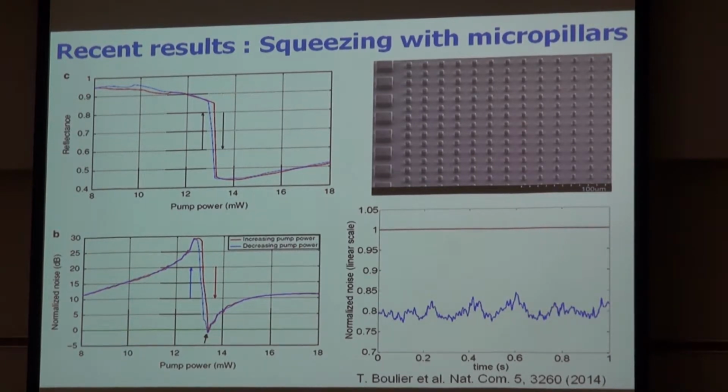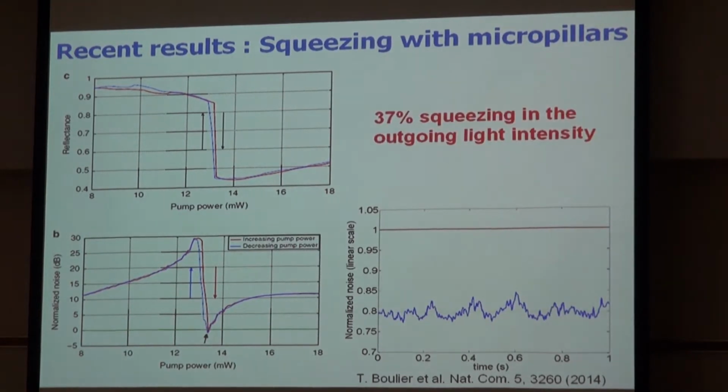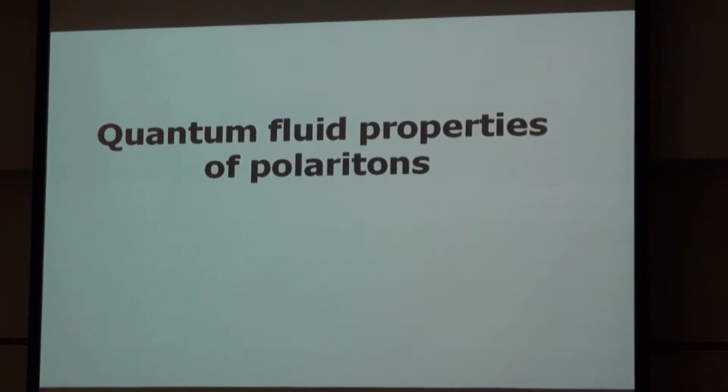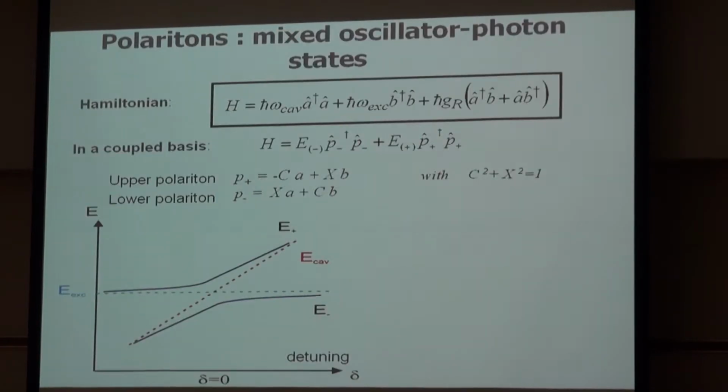But now I'm going to switch to another property of these polaritons to show you the diversity of stuff that we can do with that. And this is quantum fluid properties. So it's quite surprising, and in the beginning we again hesitated to do the experiment.